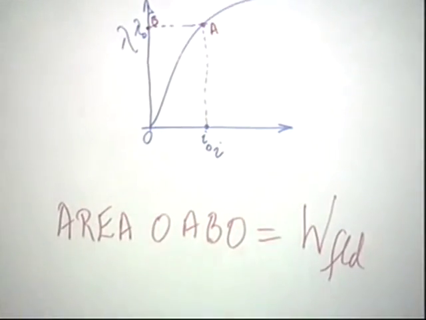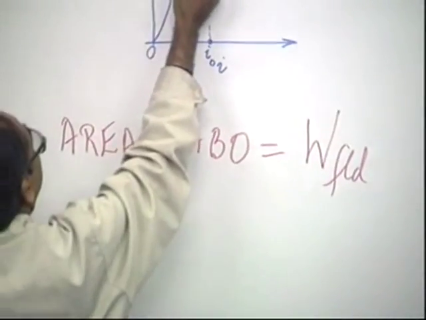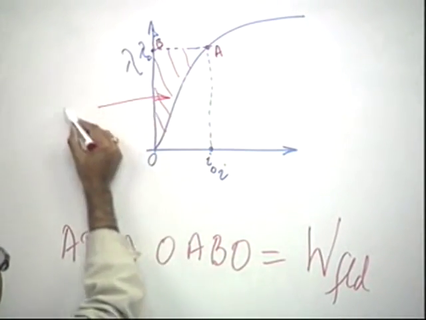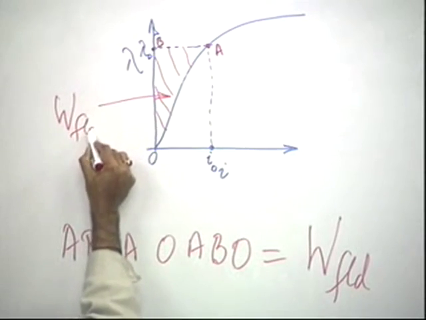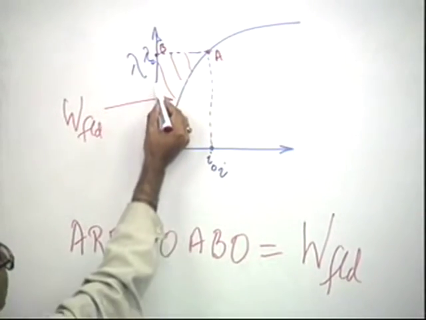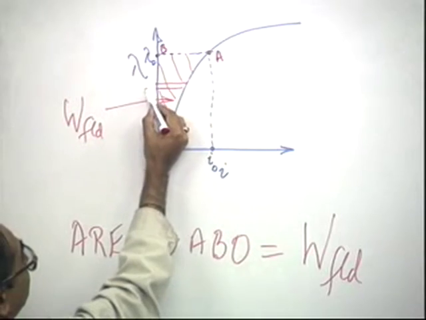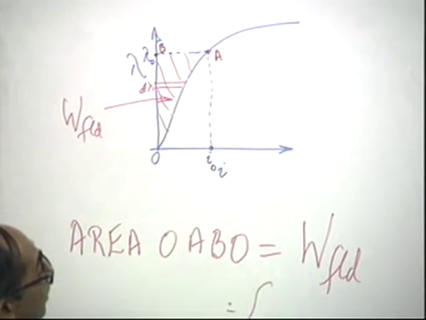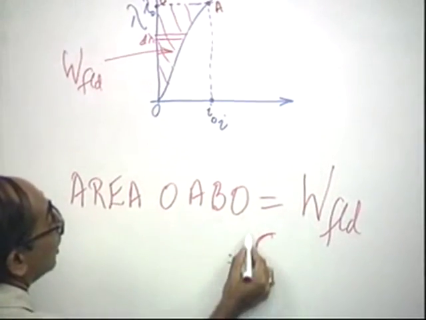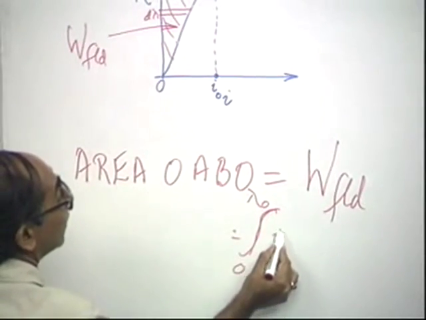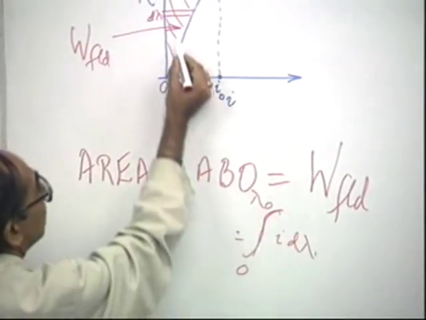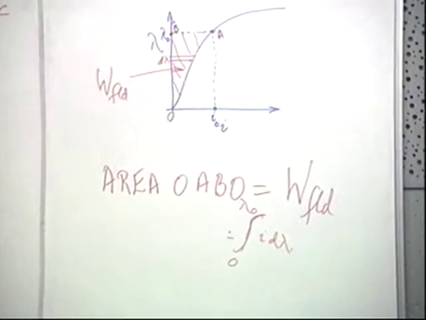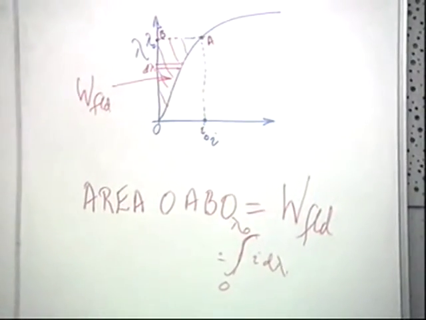This area you represent as the stored energy, because that is any I d lambda; if this is d lambda, you integrate I d lambda from 0 to lambda naught. Is it clear?